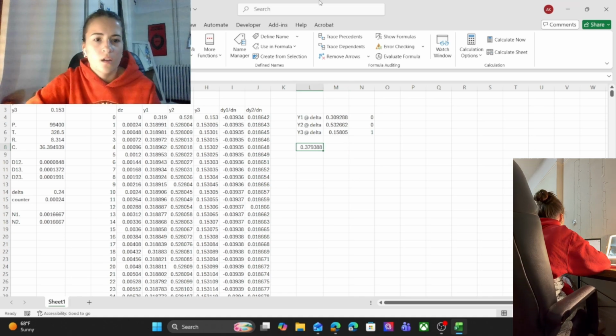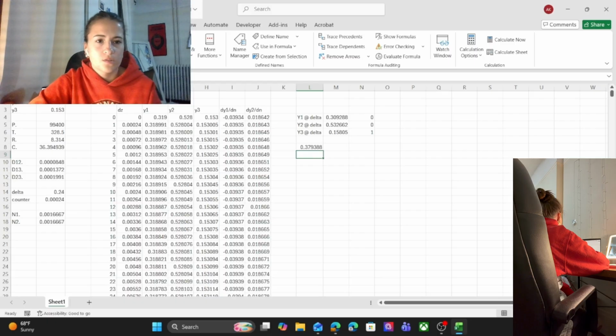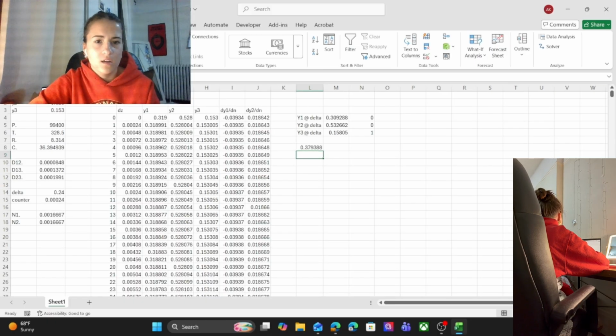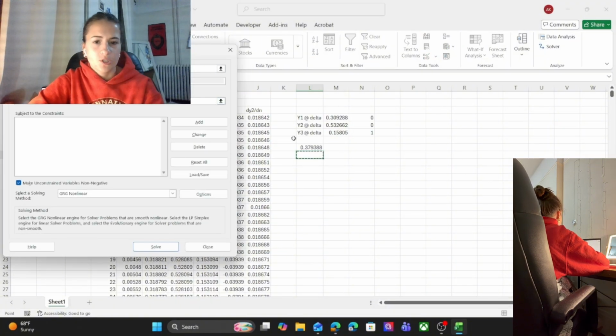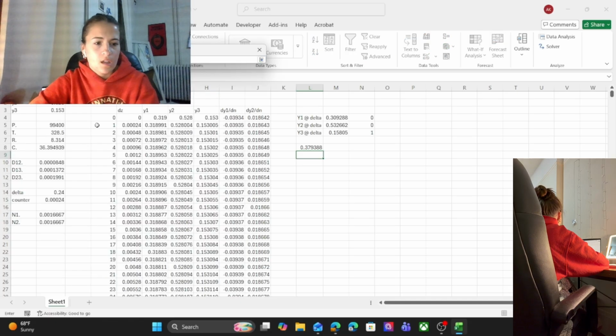So we will use Solver here, we'll go to Data, and then Solver on the side. And so what we're trying to do is, once again, minimize this value here. So we're trying to minimize it, make it as small as possible. And once again, we're going to be changing this flux here.